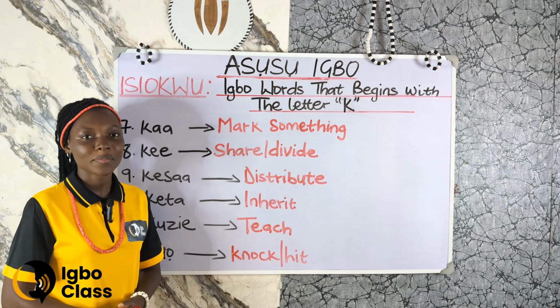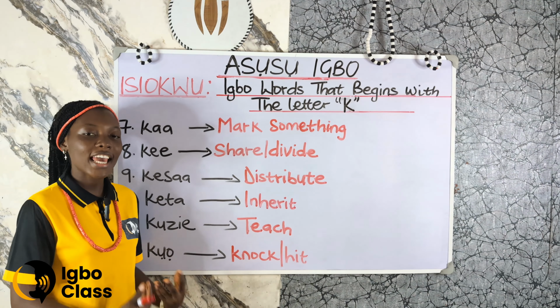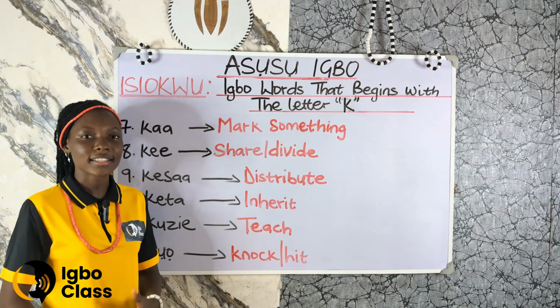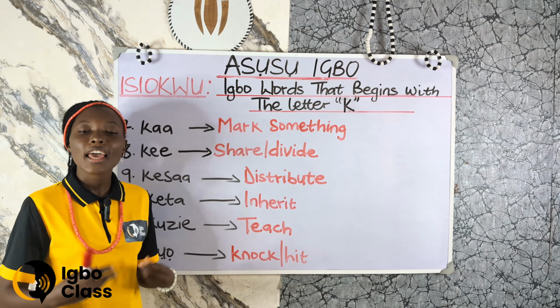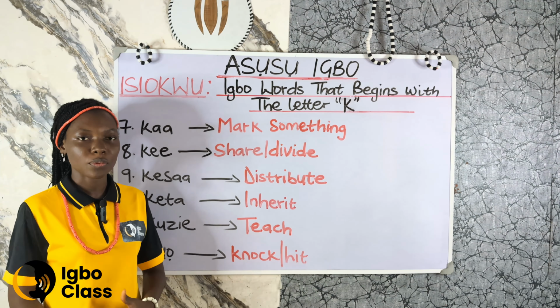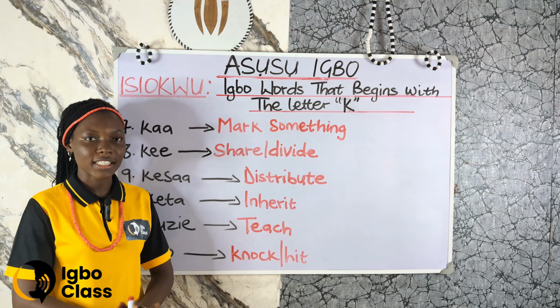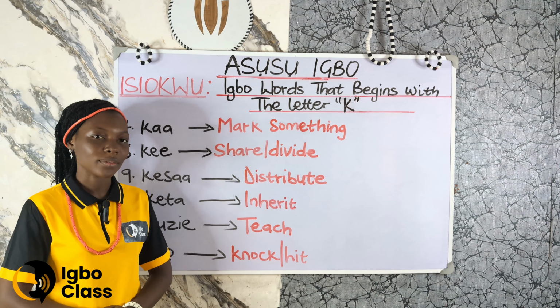Kesa, to distribute. Now we are talking of sharing or dividing things among people. This time around, a greater range of people, a greater number of people. Kesa deals with a very big range of persons. Kesa ihe ahụ.